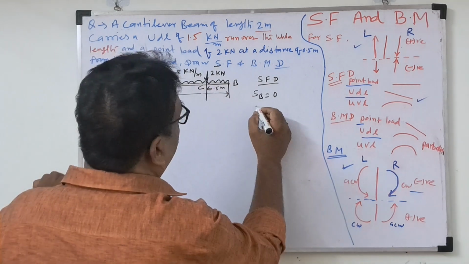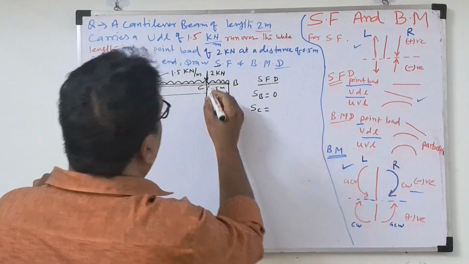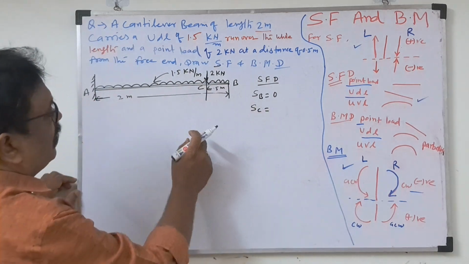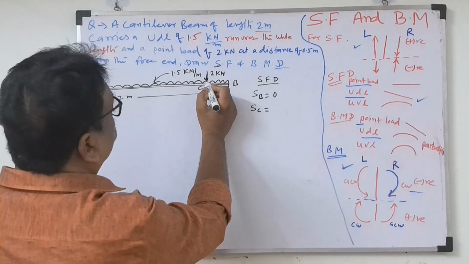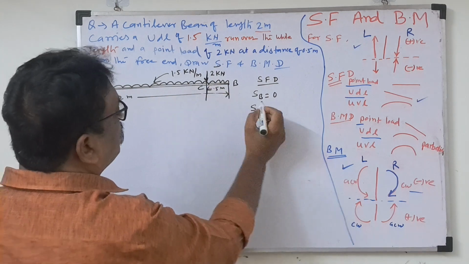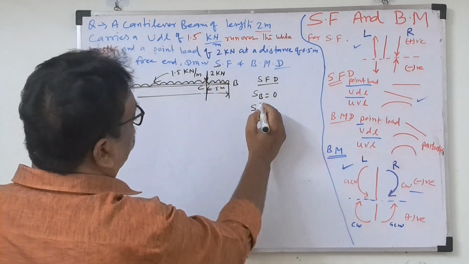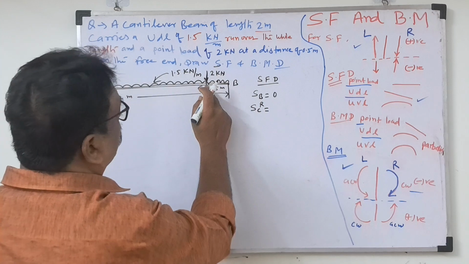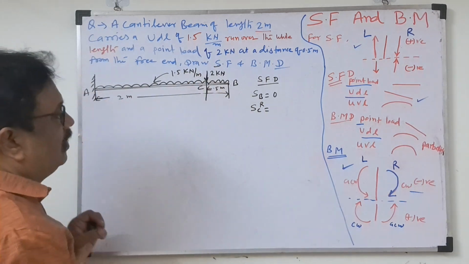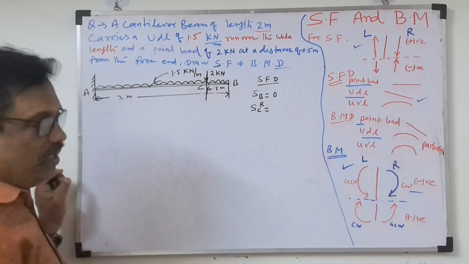Then at point C, what is the shear force acting? Questions like this will come. At point C we are taking CR, just the right side of point C. That means this point load will not come here.